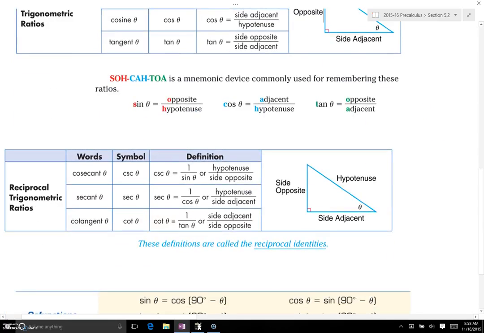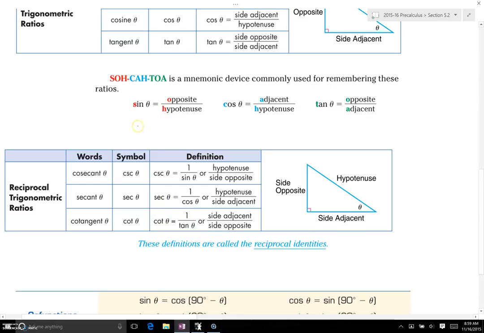There are three other reciprocal trigonometric functions, which are cosecant, secant, and cotangent. Your first inclination might be that cosecant and cosine are related to each other because they both have cos in them, but that's not the case. Cosecant is the reciprocal of sine. Secant is the reciprocal of cosine. And cotangent is the reciprocal of tangent.